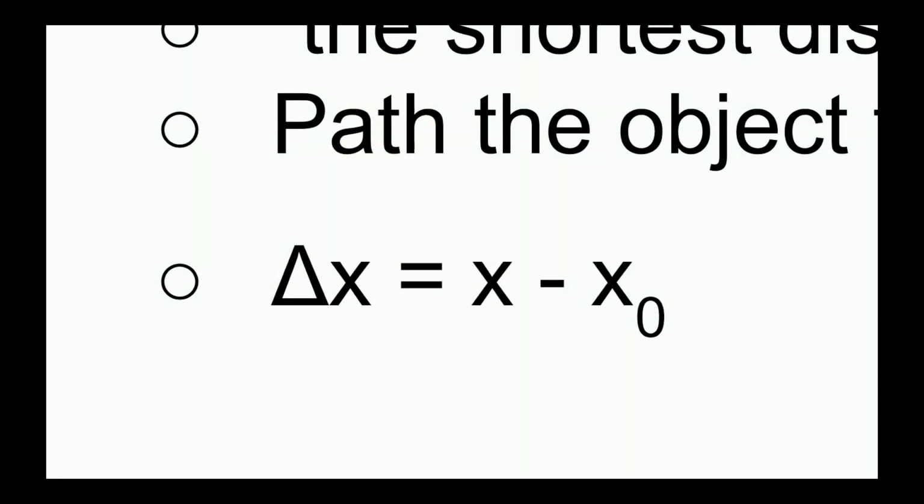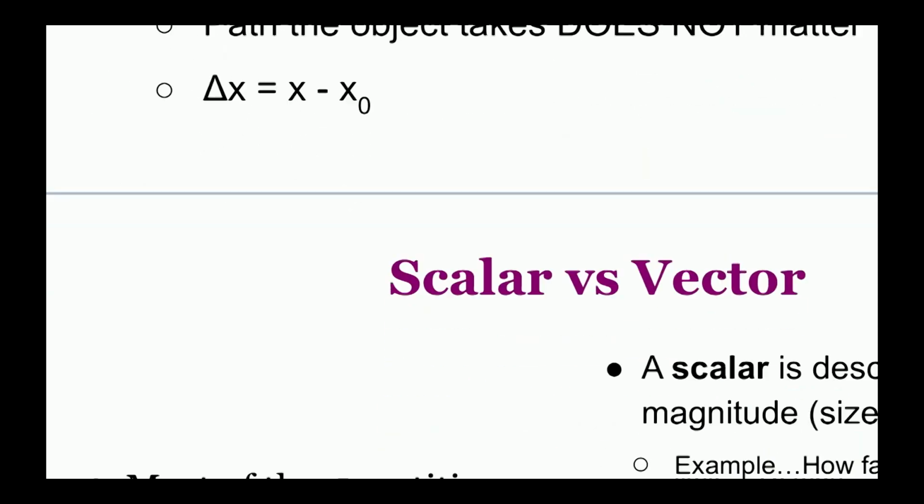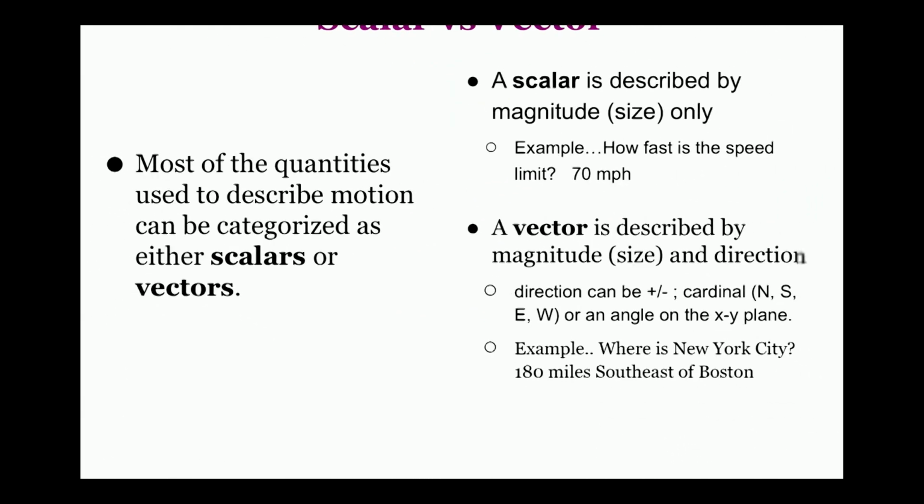So in this example, there was no change in position for Odie, and that means Odie's displacement was 0. So remember that change in position means displacement. They are synonymous concepts, okay?